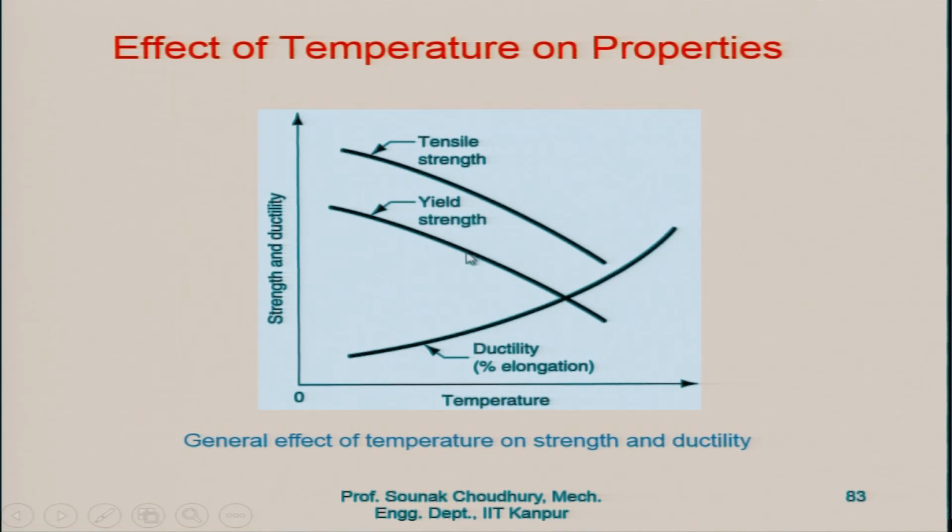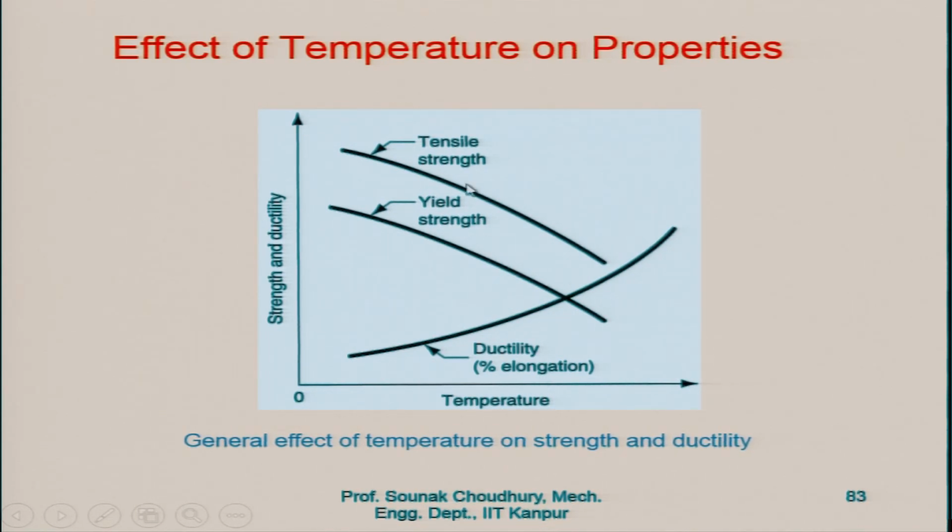Okay. Similarly, the tensile strength and the yield strength both fall as the temperature is increased. Okay. So, strength and ductility will be on the y axis as we said. So, yield strength and tensile strength both fall as the temperature increases. Now, here you can see that all these three curves are non-linear, because the equation between the temperature and the tensile strength, yield strength and the ductility, separately if you consider, all three equations will be non-linear.